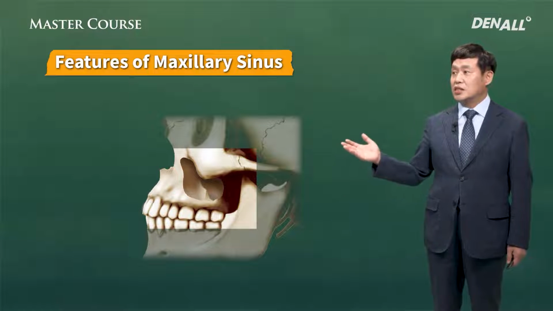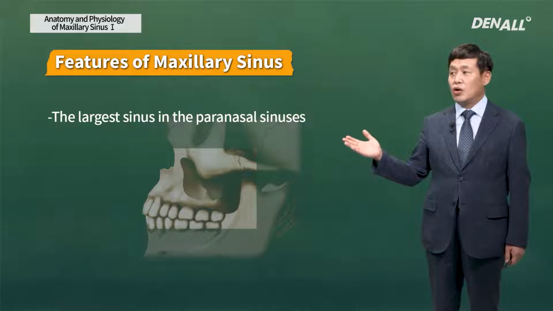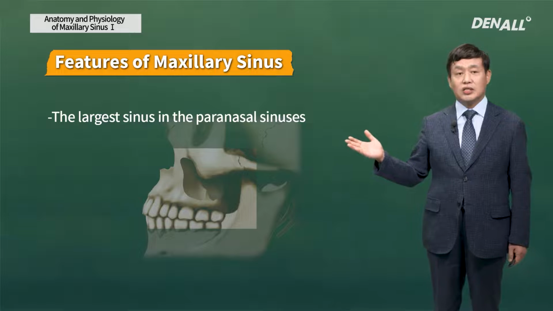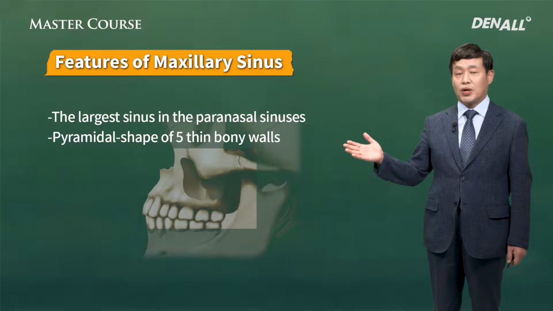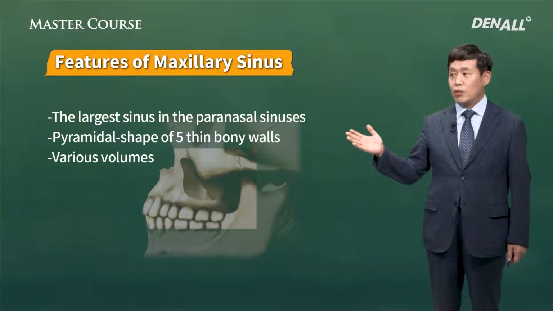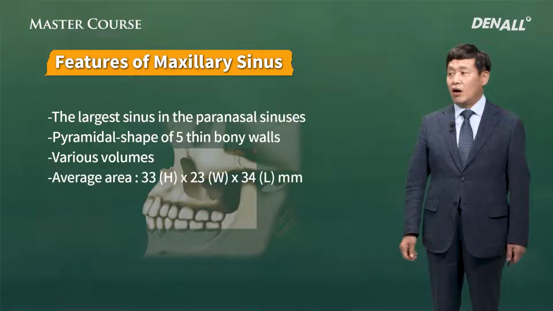Features of the maxillary sinus: it is the largest of the paranasal sinuses. In terms of shape, it's a pyramidal shape with 5 thin bony walls. The volume differs from person to person and from left to right.